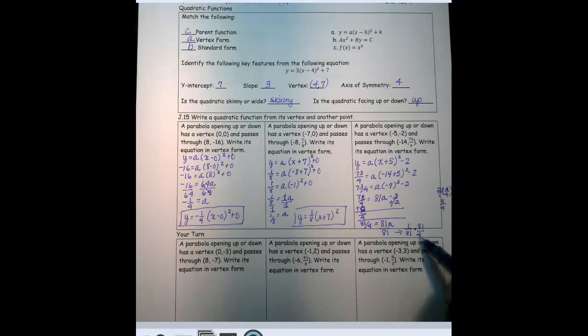The highest factor they have in common is 1, so that's not going to help me. But if I look across this way, I can tell that 81 goes into 81. So I'm going to do something called cross cancellation.